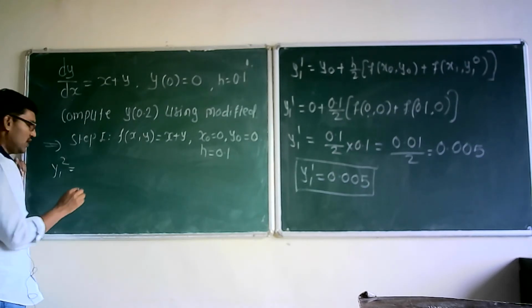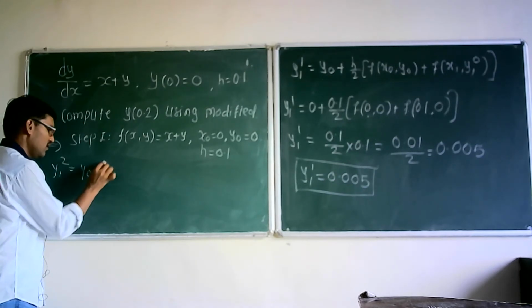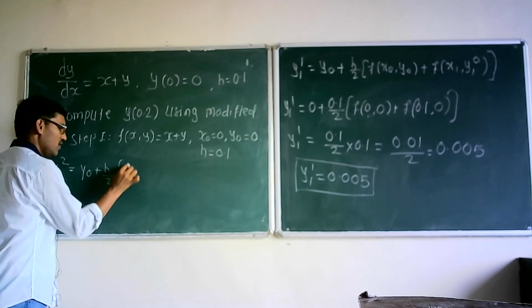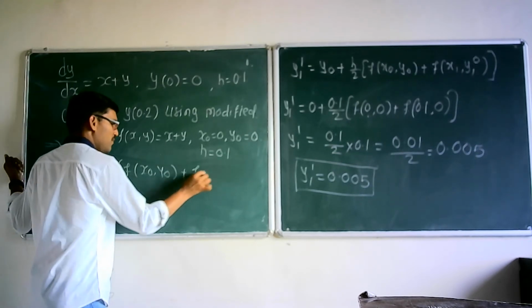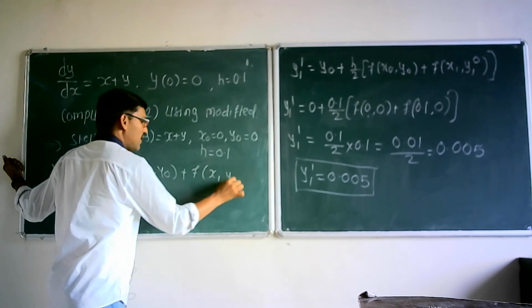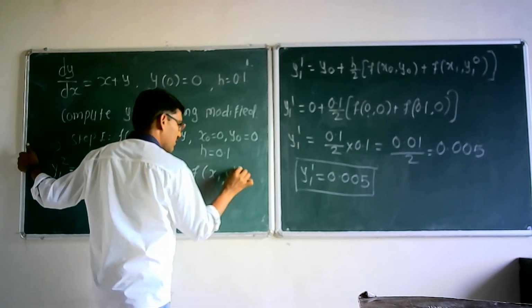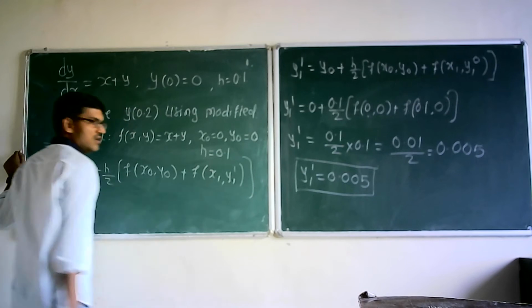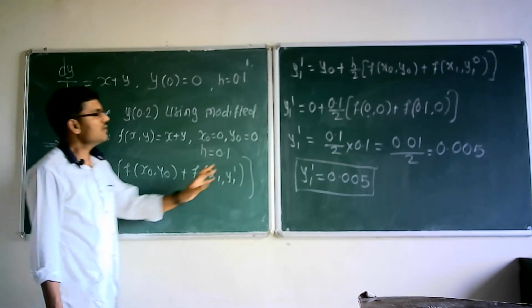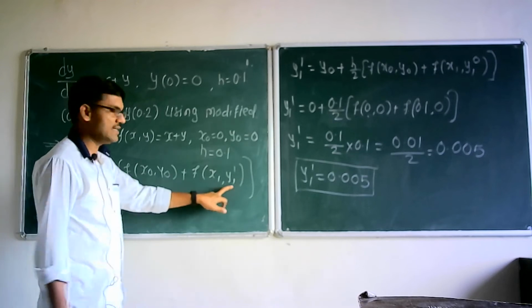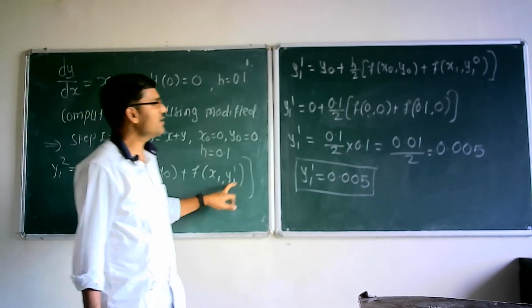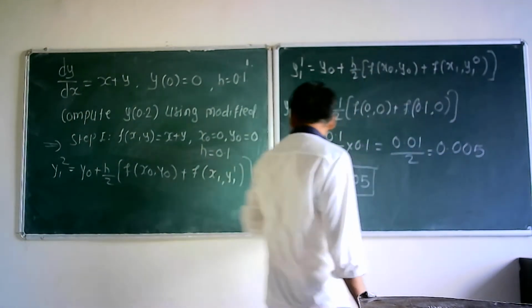y12 is equal to y0 plus h by 2 into f of x0 y0 plus f of x1 y11. Okay, so if you observe y11 and y12, there is only a change at this place. It was y10, now here it is y11.